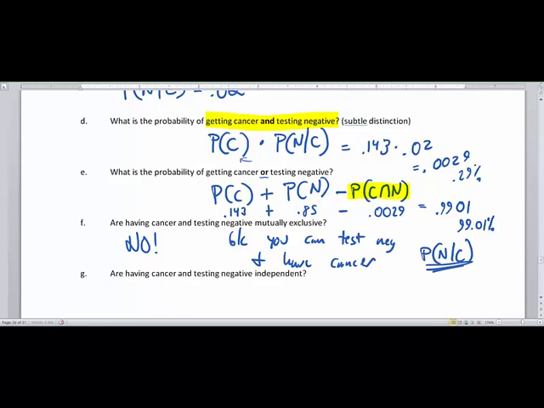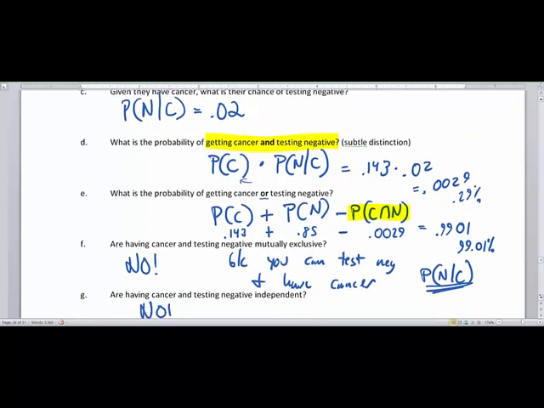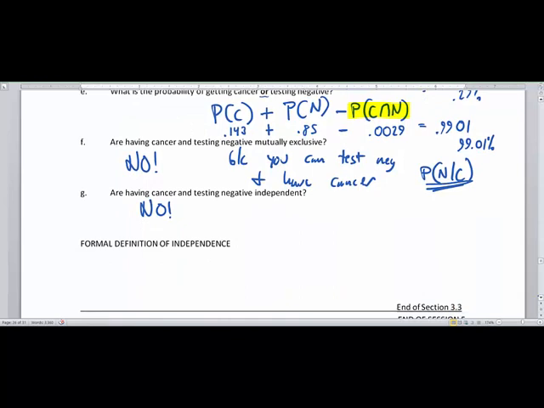Are having cancer and testing negative independent? Absolutely not. You do not have independence here, for many reasons, and I want to show you the mathematical reason. All of these have to be true for mathematical independence.